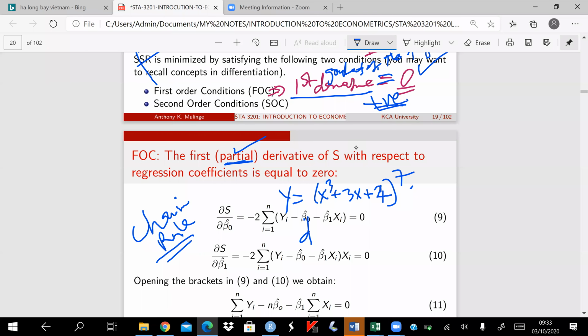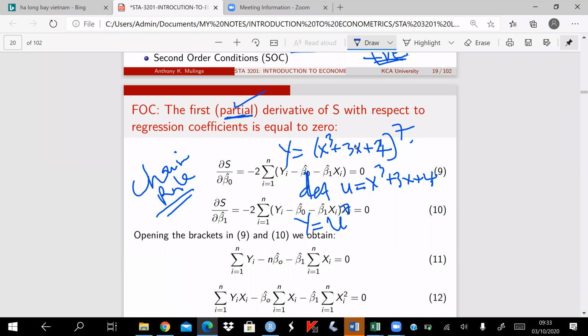So you let the expression in the bracket be u. You let u be equal to x cubed plus 3x plus 4. That means you can redefine y as u to the power 7. Now you differentiate du with respect to x, which is a very simple derivative: 3x squared plus 3 plus 0.